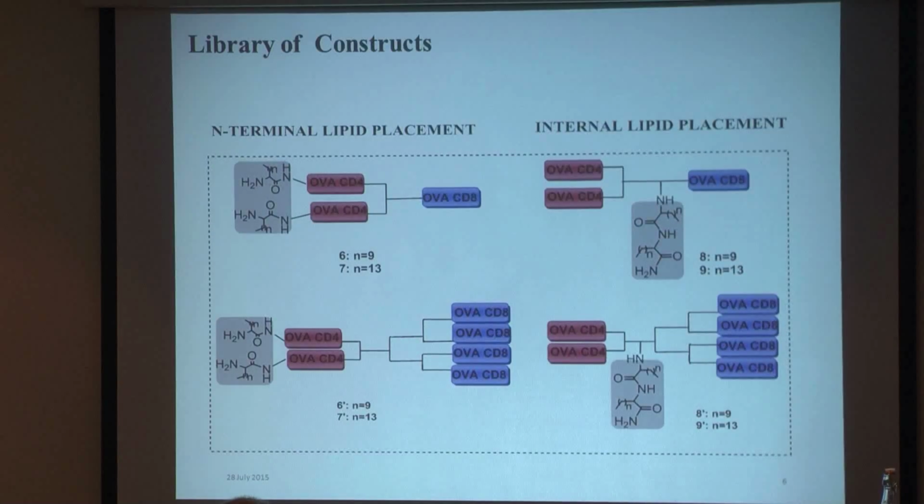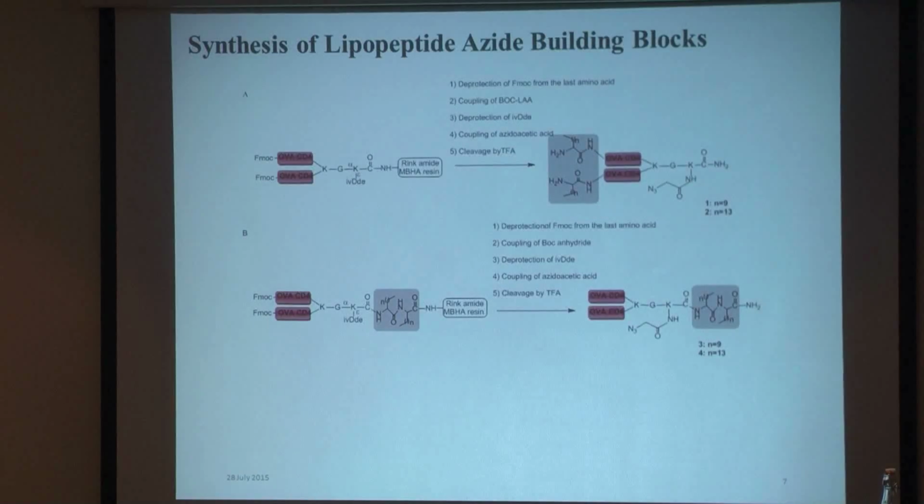The constructs with lipid at the N-terminus are constructs 6, 7, and 6 prime and 7 prime. Those that have prime contain 4 copies of OVA CD8. And constructs 8, 9, 8 prime, and 9 prime have a lipid in the middle of the construct.